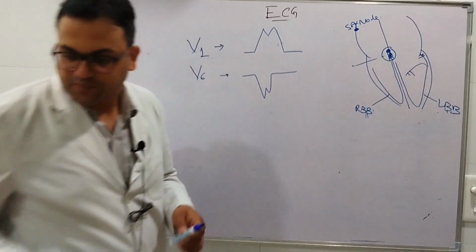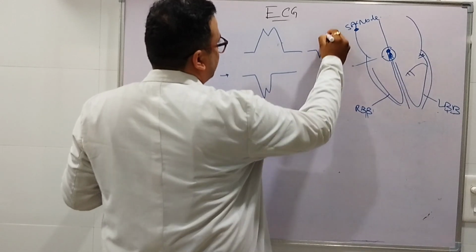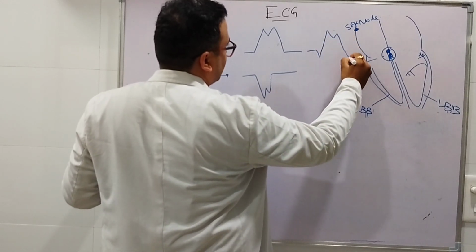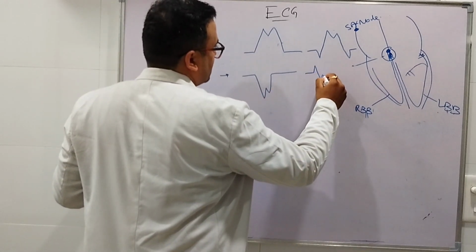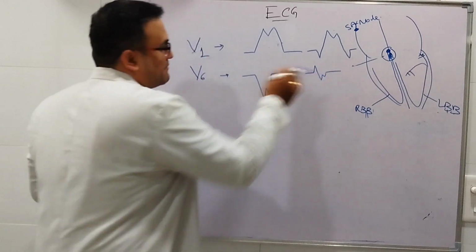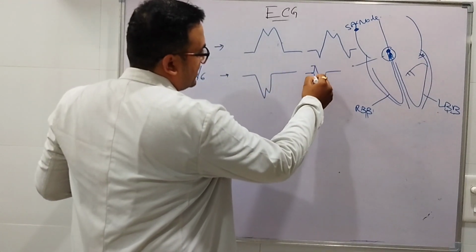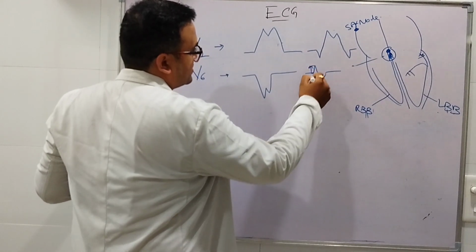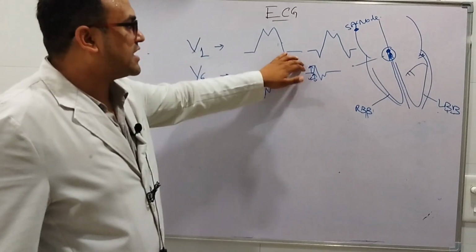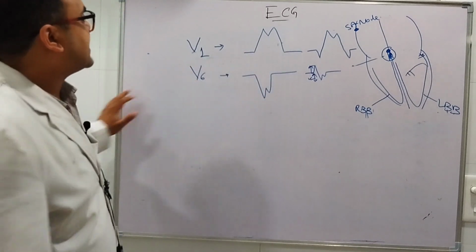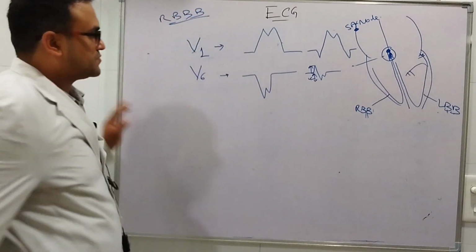It can be like this also, but the maximum portion is above the baseline in V1, and in V6 the maximum force is below, this height is more than this. The below part in V6 is more than the above part. So this is the right bundle branch block.